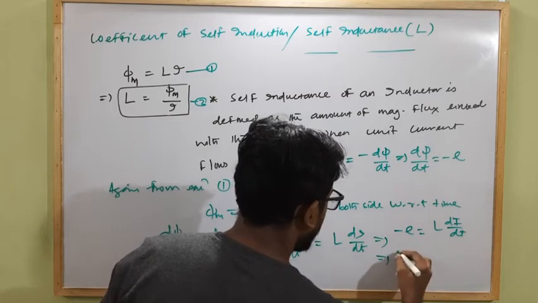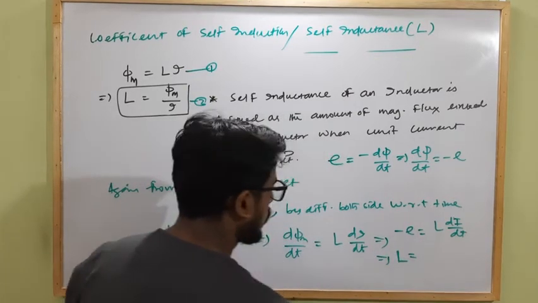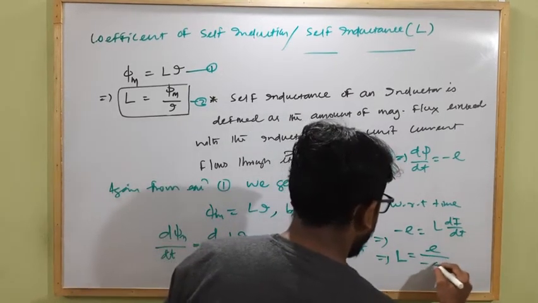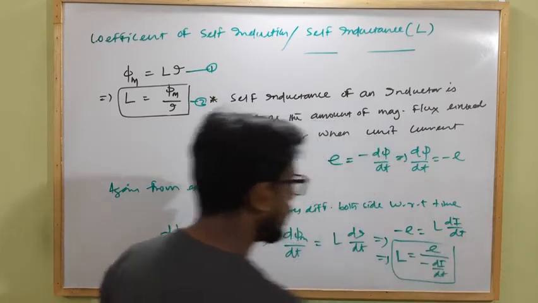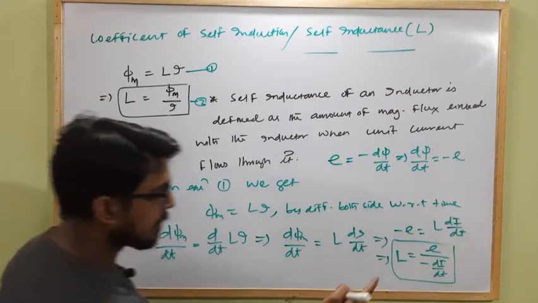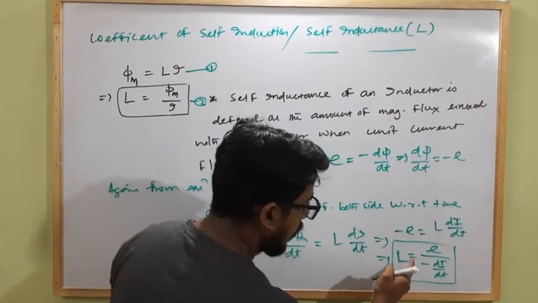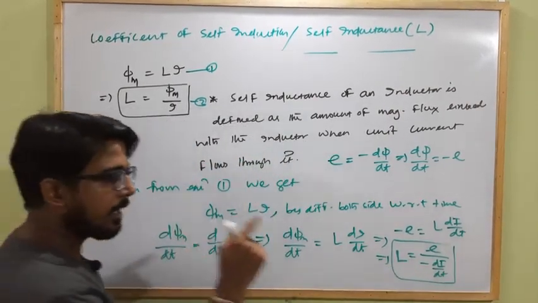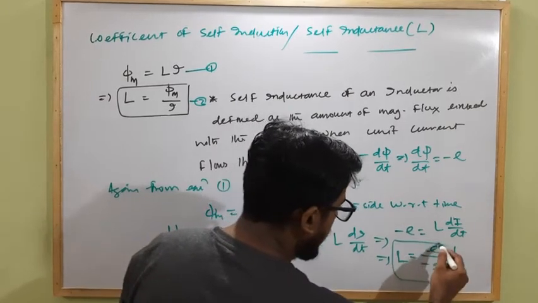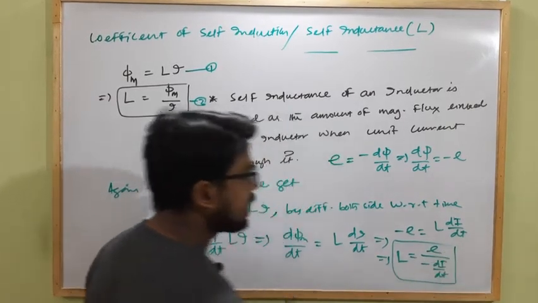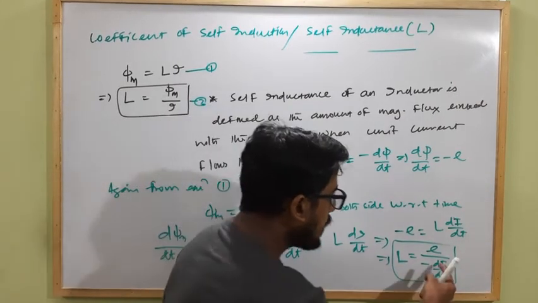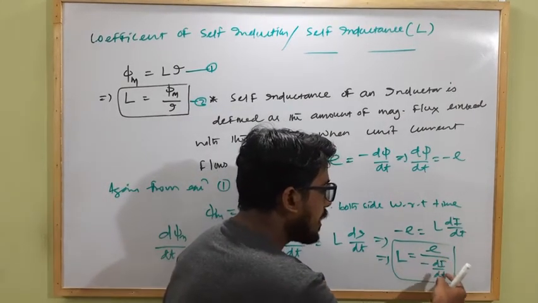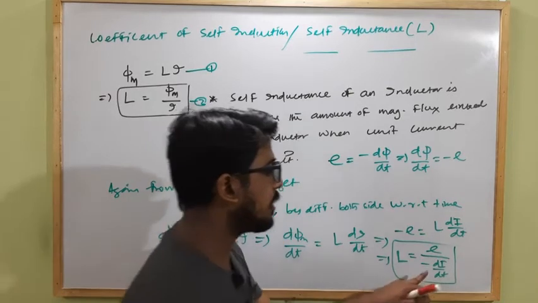So this implies self-inductance L equal to E divided by minus di by dt. Clear? That means the self-inductance of an inductor is defined as the induced EMF produced within the inductor per unit change rate of electric current.